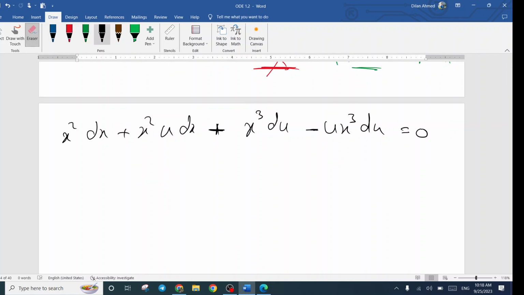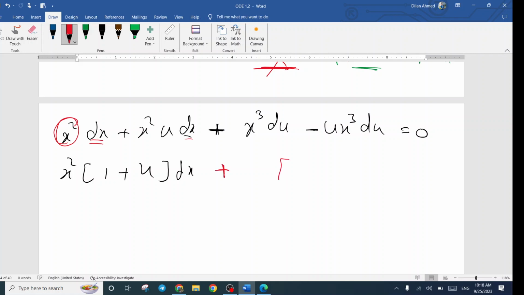I bring dx as a common, and as well I bring out x squared. Clear? Good. Plus du.